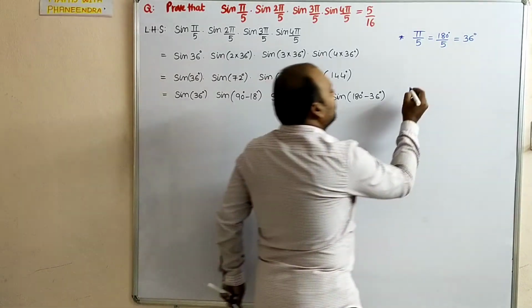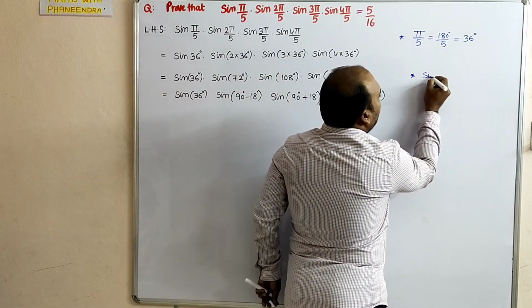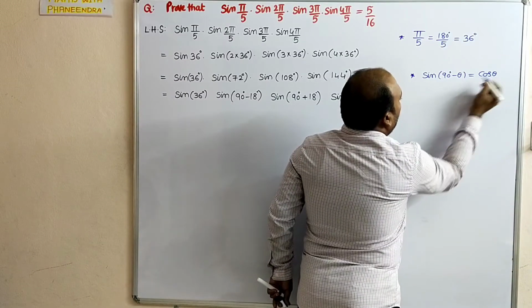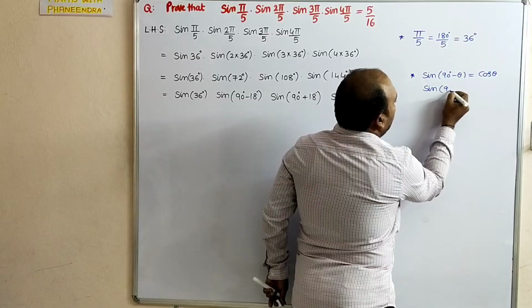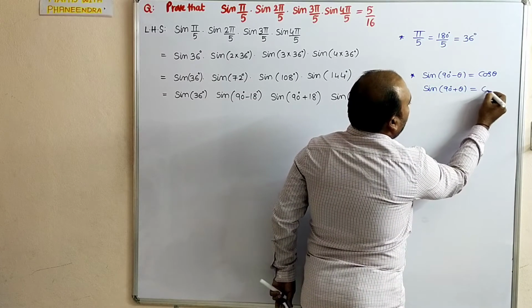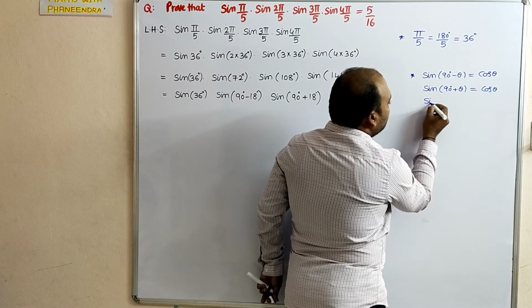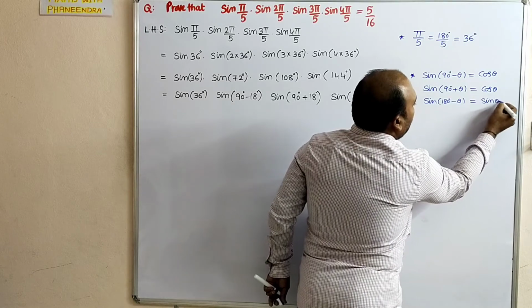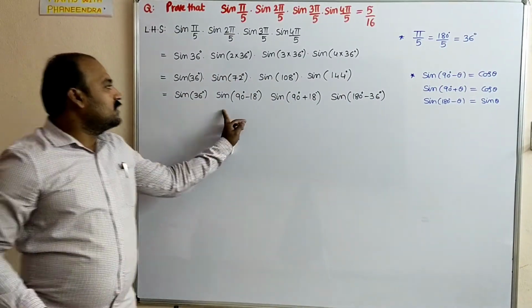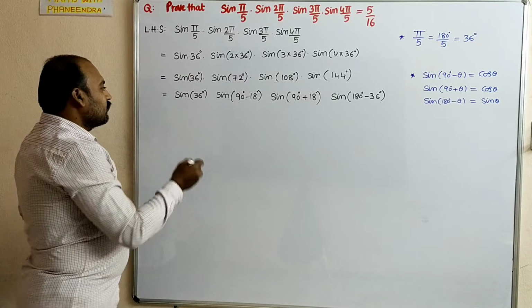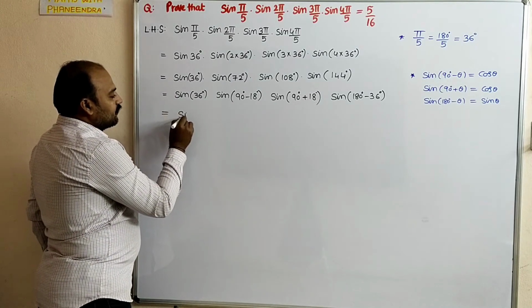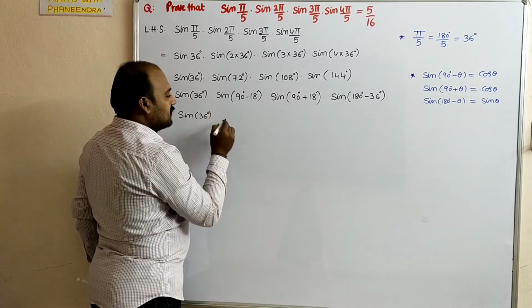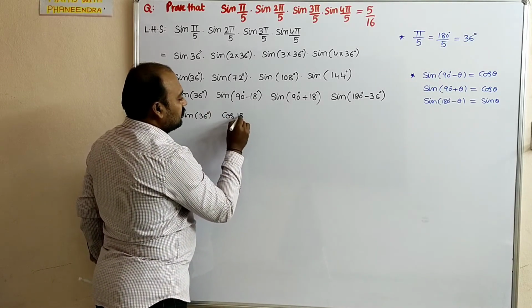Here once again I will write the formulas. Sin of 90 minus theta is cos theta. Sin of 90 plus theta is cos theta. Sin of 180 minus theta is sin theta. So by using these three formulae, we are going to write these three terms. So sin 36, sin of 90 minus 18 is cos 18.